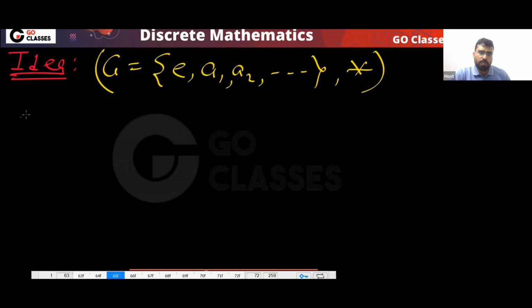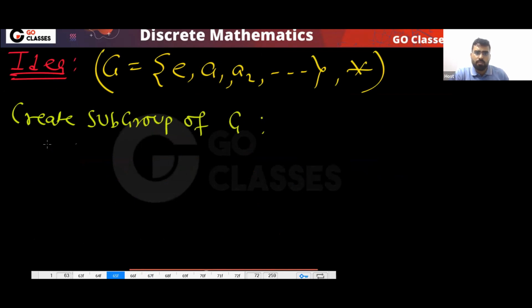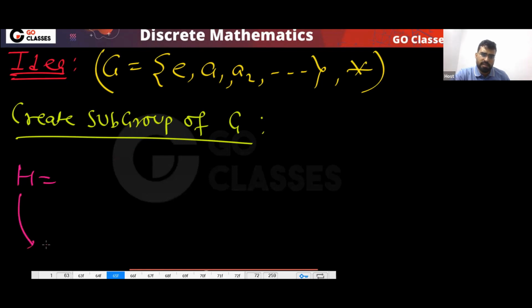Now, how to create a subgroup of G? You should take the identity element because you want a group. A subgroup is a subset of G which is a group.